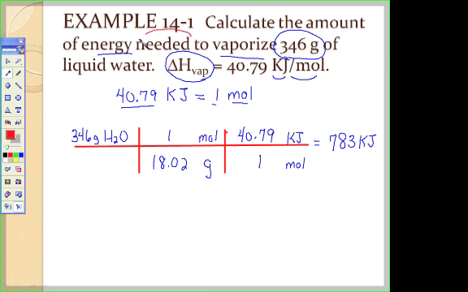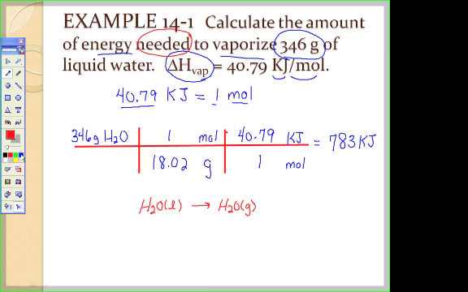Now let's talk about this just a moment before we forge ahead. Do you notice the example said how much energy is needed? What we are doing in this process is we're taking water as a liquid and going to water as a gas. Now if you wanted this to happen, would you put it on the stove or would you put it in the freezer?